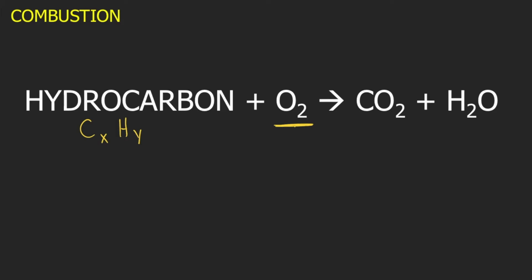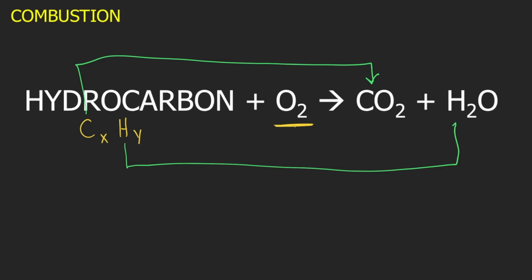So whenever you have a hydrocarbon plus oxygen gas in complete combustion, it always produces carbon dioxide and water. As you can see, the carbon in the hydrocarbon is now converted to carbon dioxide, and the hydrogen in the hydrocarbon is now converted to water.